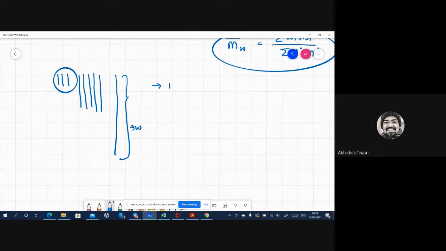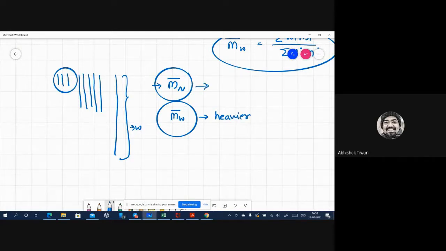Okay. So that will be shown by this. And the weight average molecular weight will show the contribution from those chains which are heavier. So this will show the contribution from heavier chains, and this will show the contribution of more number of chains.